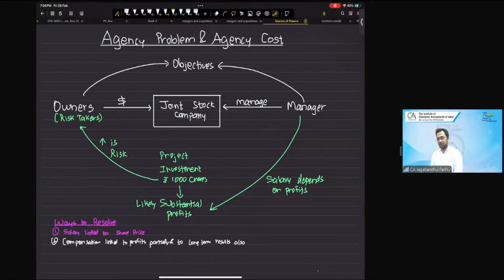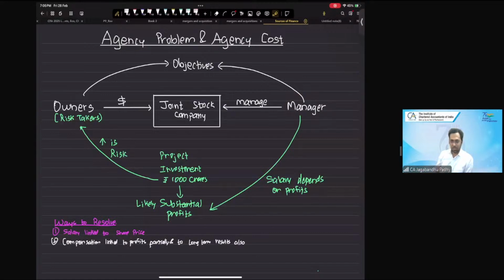Shareholders, exactly. The persons who are buying the shares of the company are the owners. Who are the managers? The managing directors, the board of directors, a general manager, maybe the CFO, the sales manager, or the CEO. Those are your managers, the persons who are going to manage the business.